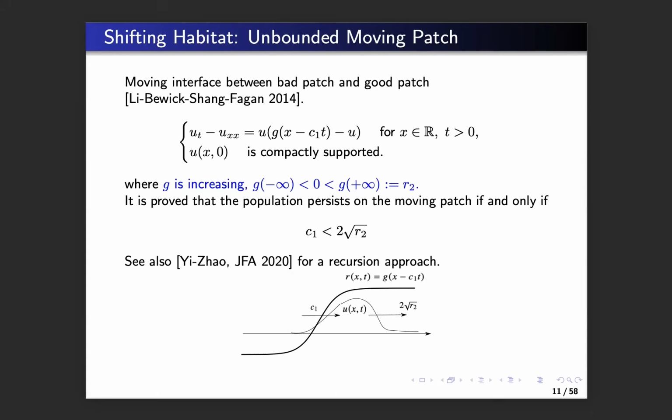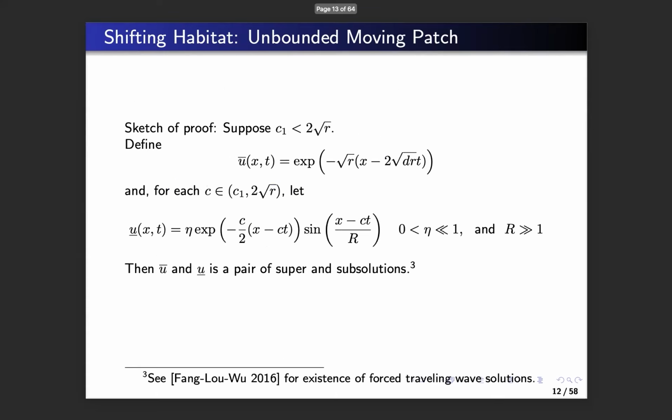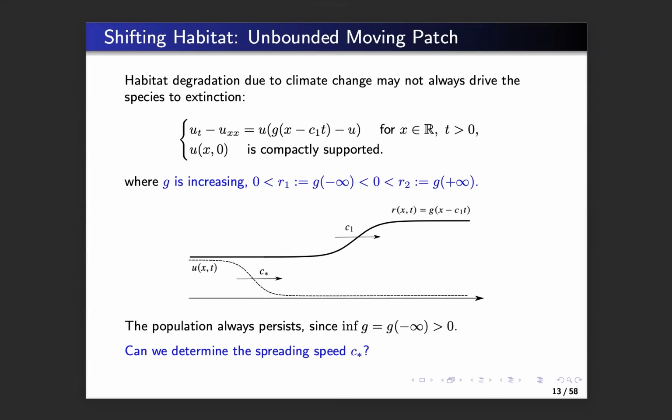Depending on the shifting speed C1, the population persists if and only if C1 is less than 2 square root R2. And if I may, 2 square root R2 is the predicted speed at the good patch. Okay, if it is a constant environment here, then that's the constant speed. And this result you can actually use the supersub to show, to see how it works.